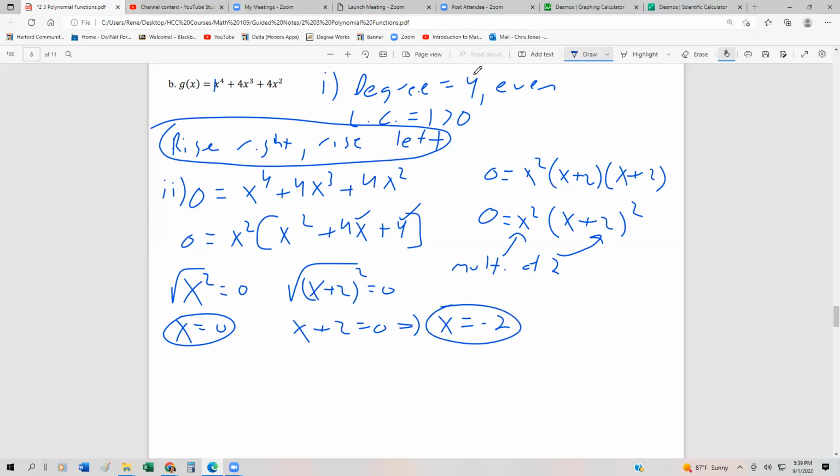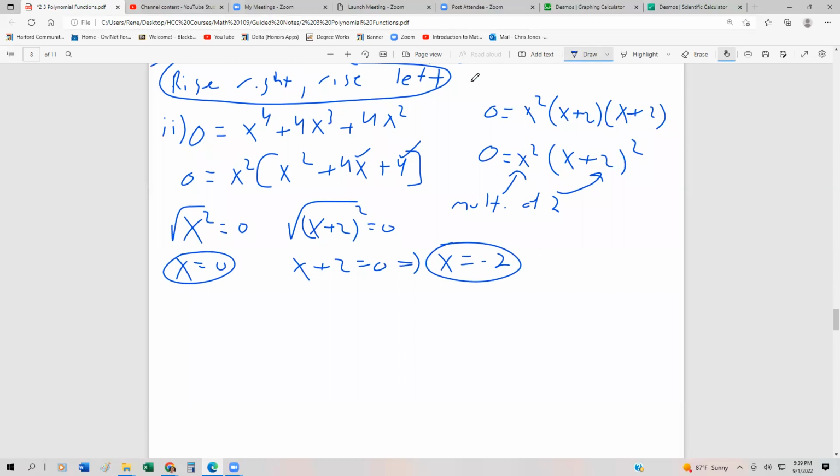What that means is that at x equals negative 2, it's going to turn around at the x-axis. And similarly, it's going to turn around at the x-axis when x is equal to 0.